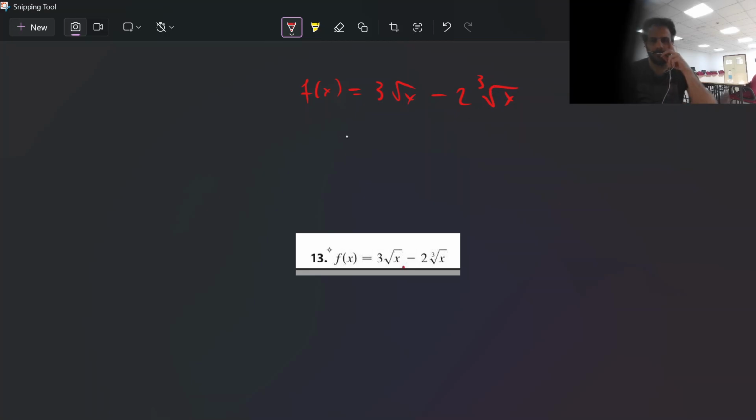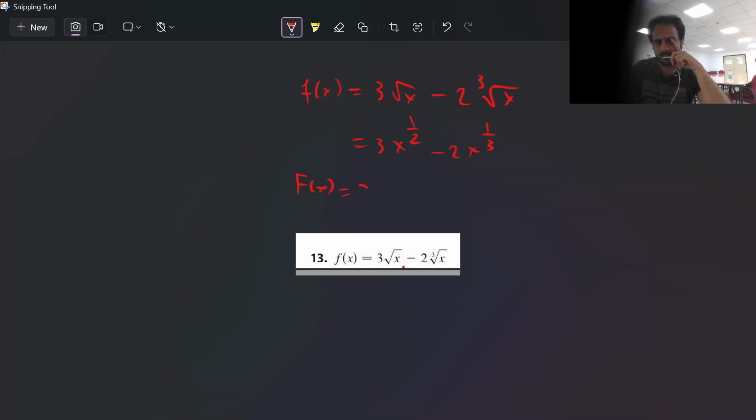We want the antiderivative. But first let's write it as powers before integrating. So 3x to the power half minus 2x to the 1 over 3. Now tell me your solution.